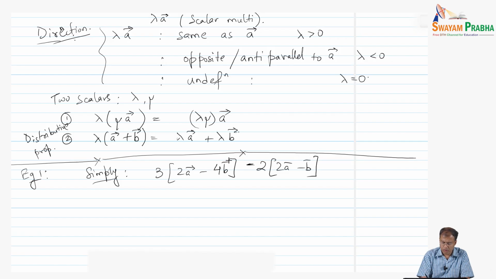Okay, so let me put arrows where there are vectors. All these quantities 3, 2, minus 4 and all these things are scalars, right? So we can quickly use these two operations, operation 1 and 2. Using 1 and 2, we can quickly add up and appropriately simplify and multiply.